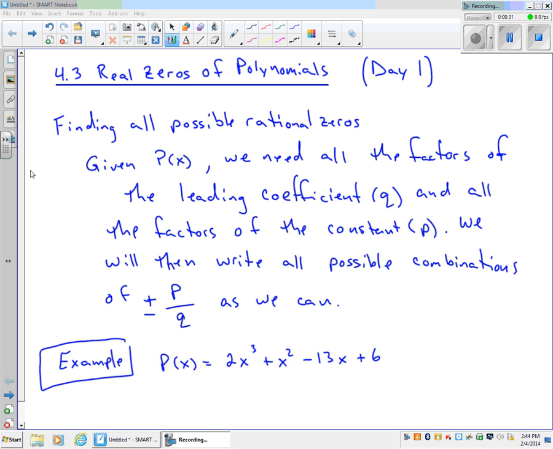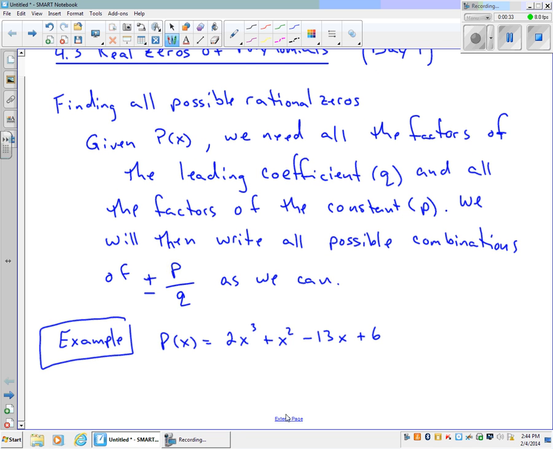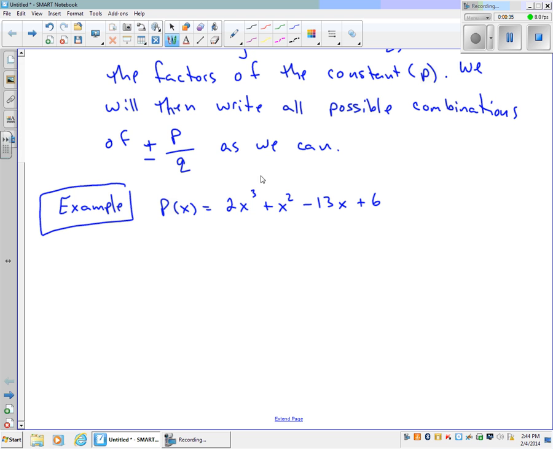as we possibly can. So here I will show you our p-value is the 6 here, and our q value is the 2.